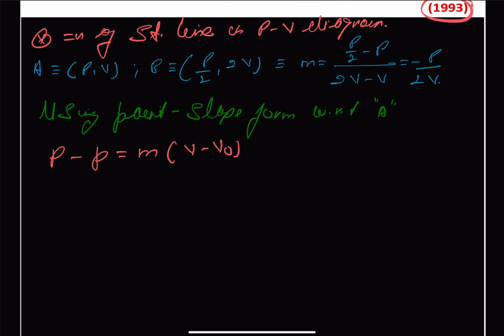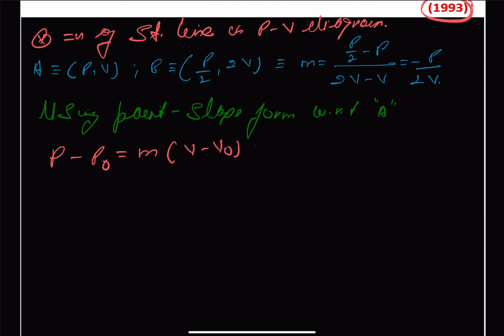Let me write this with a P naught just to differentiate, otherwise everything will be P and V, they cancel, and it will result in a big problem.